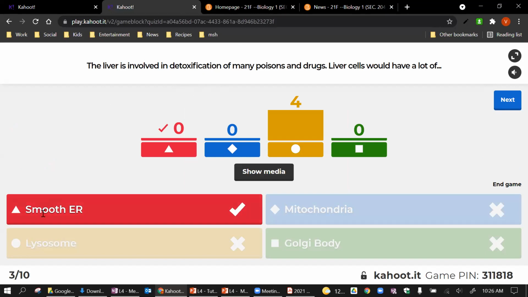Smooth ER, in addition to making lipids, also helps break down poisons and drugs. Lysosome is more for breaking down things that have been ingested by the cell, like a bacterium, or breaking down old organelles, as well as carbohydrates and lipids, that sort of stuff. So smooth ER breaks down toxic material from drugs and poisons.